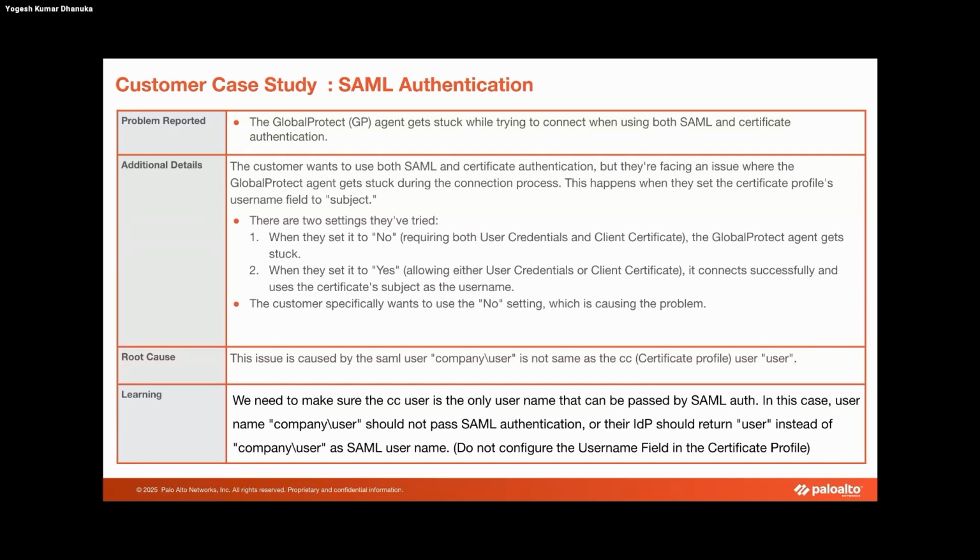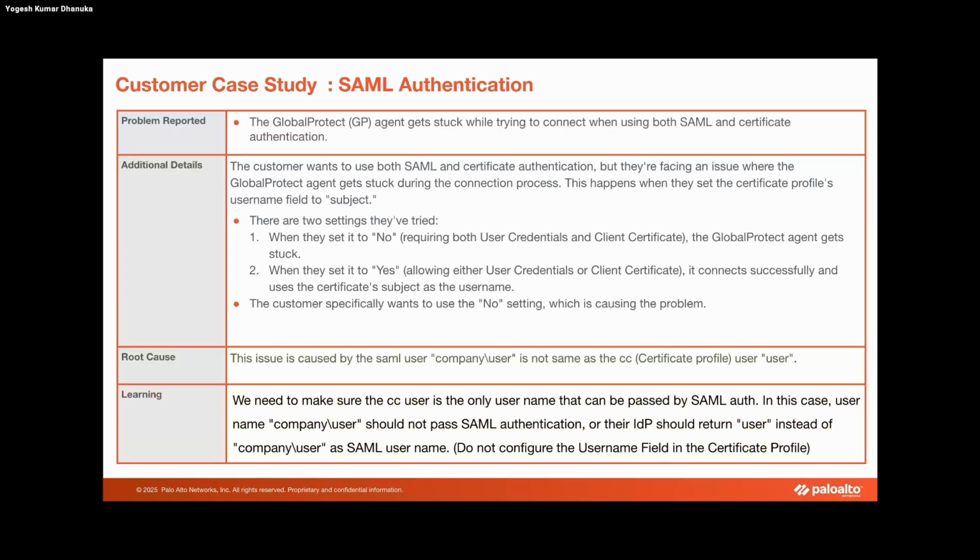Either we need to make sure that the IDP returns the same format, which might be tricky. Otherwise, there is another option where no username field is defined in the certificate profile. When you configure the certificate profile, there is a username field where you select that the system needs to extract the username from the subject name.